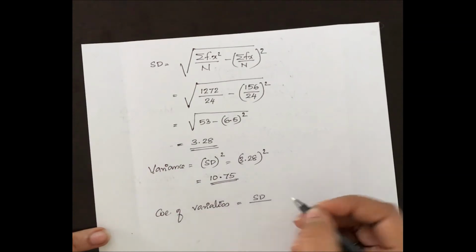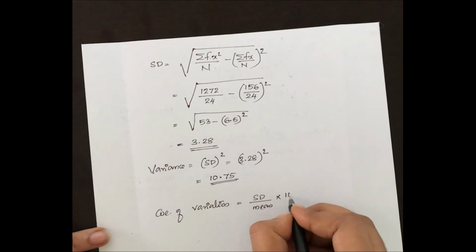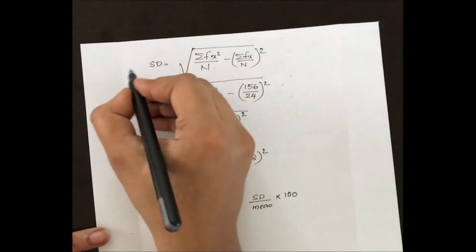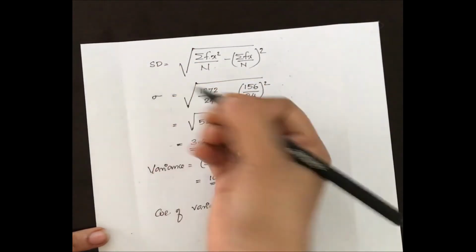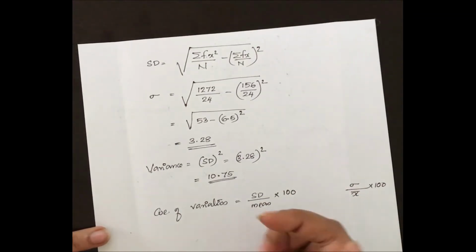Then coefficient of variation is equal to standard deviation divided by mean into 100. Usually standard deviation is represented by the symbol sigma. So otherwise we can write sigma by x bar into 100. Both equations are same.